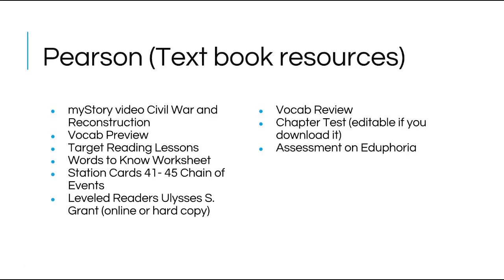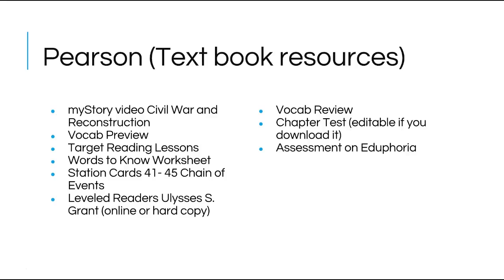I do want to let you know that the chapter test that's online is editable if you download it. Some of those tests are very long, in excess of 20 questions, but if you download it, it becomes a Word doc, and you can copy and paste questions out of there that you'd like to use, or delete questions that you don't want to use.